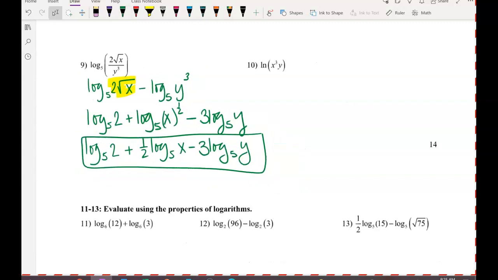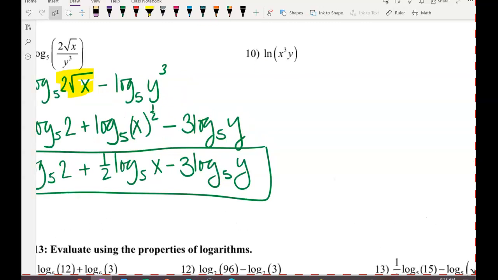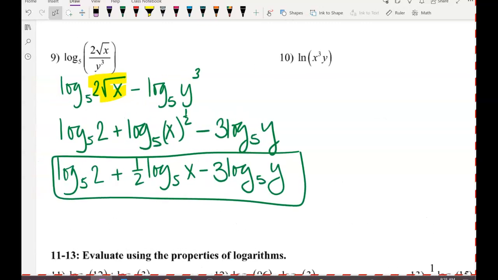All right, you try 10. Shh. We don't use that word. Give up. We don't give up. We try again. All right, try it. Everyone try 10.